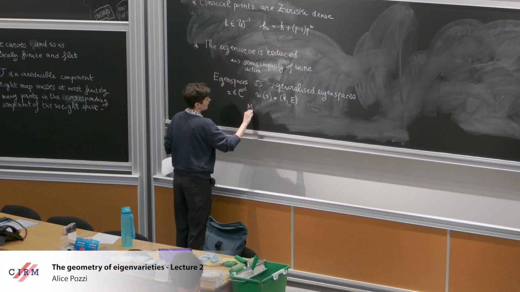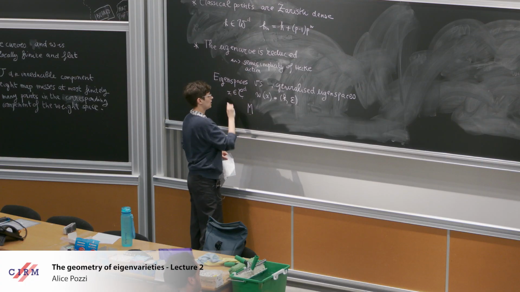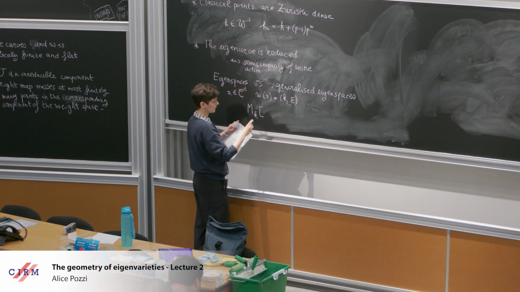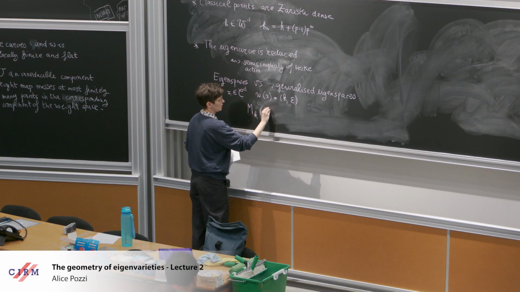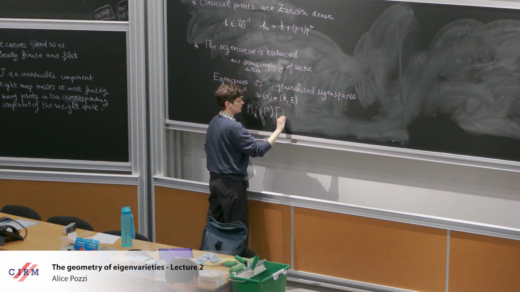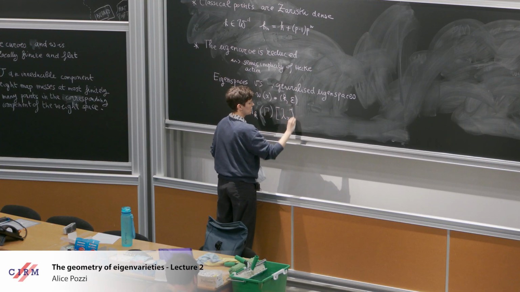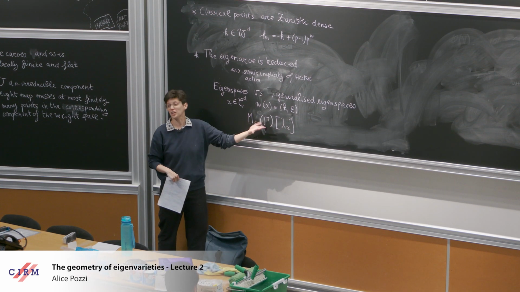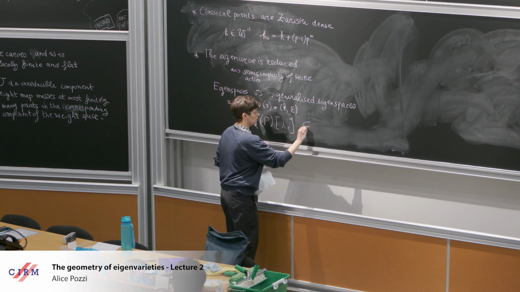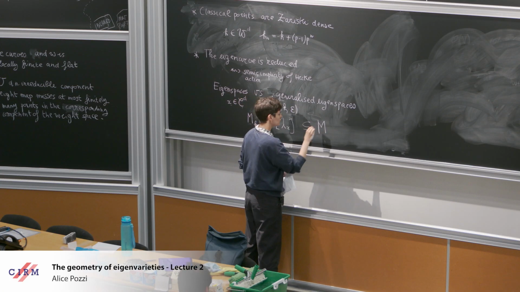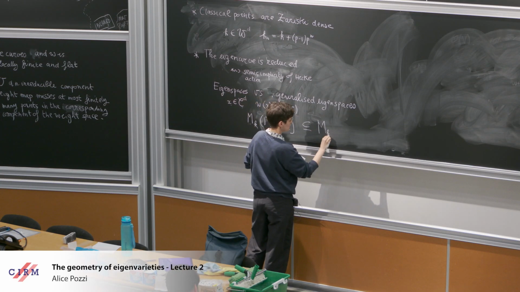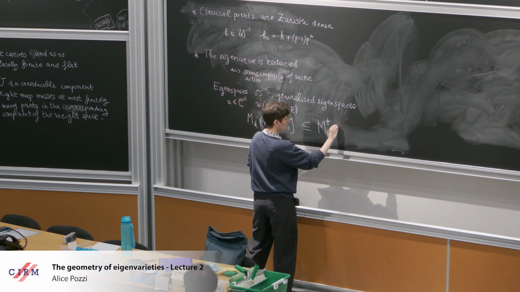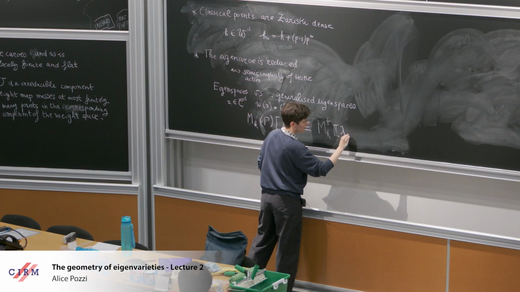Then, because by definition this is a classical point, it comes from classical modular forms of level gamma. And I have this eigenspace attached to the system of Hecke eigenvalues that is non-zero. This will fit inside the generalized eigenspace that I'll denote like this.